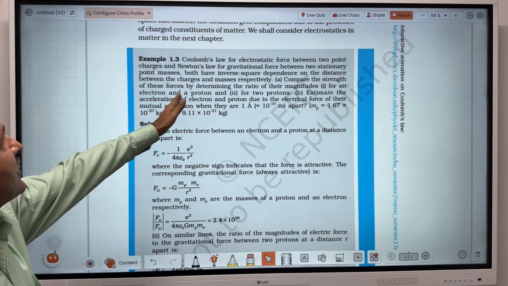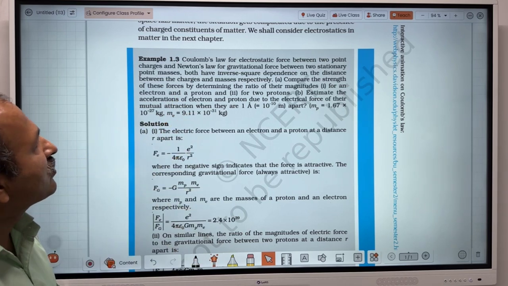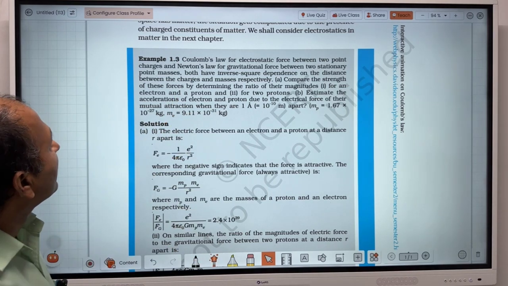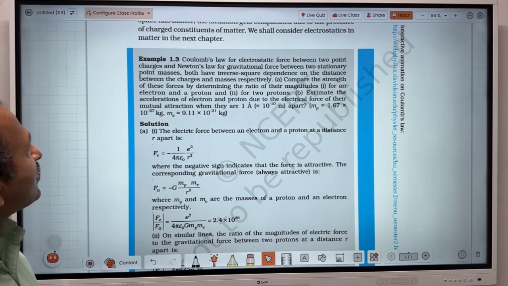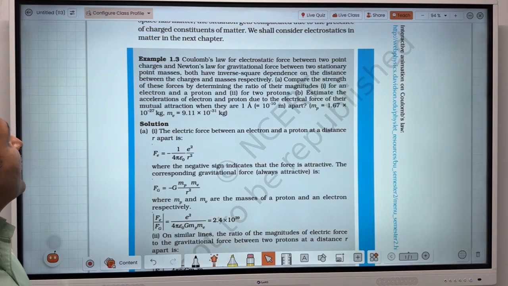Compare the strength of these forces by determining the ratio of their magnitudes for an electron and a proton. For 2 protons, estimate the acceleration of electron and proton due to the electrical force of their mutual attraction when they are 1 angstrom away, and certain information is given.